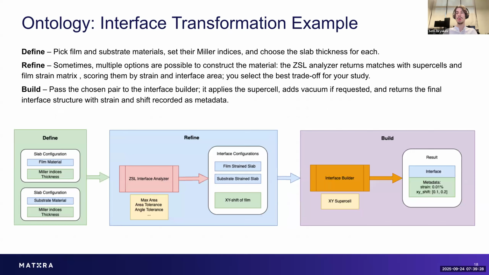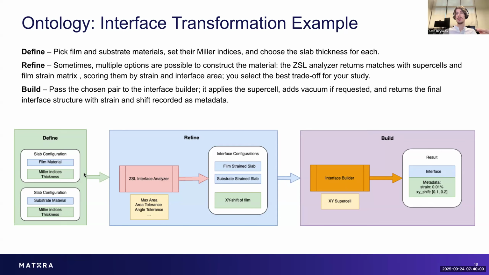Sometimes you might not know all of the parameters for the configuration right away. For example, for the interface, you need to match two parts. And it's done by providing a supercell matrix as well as a strain matrix for the film. So in that case, we need to make the approach staged, where we have define, refine, and build stages. So for the interface, we need to define the slab configurations for film and substrate.